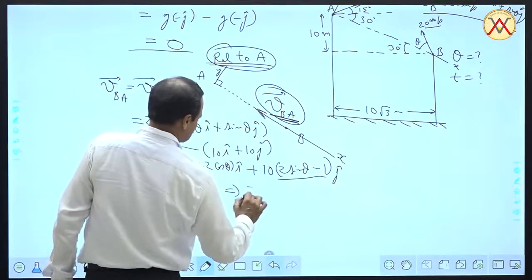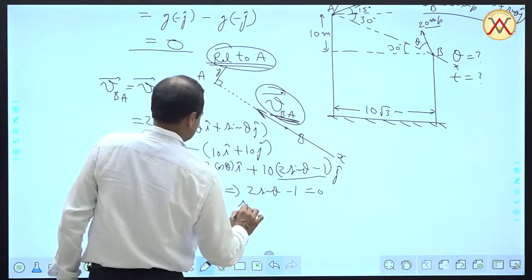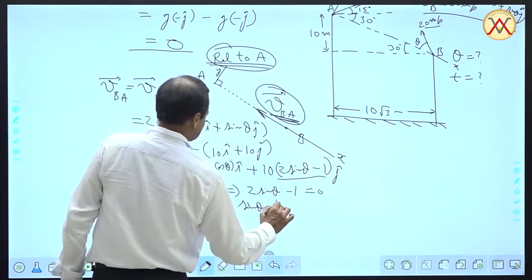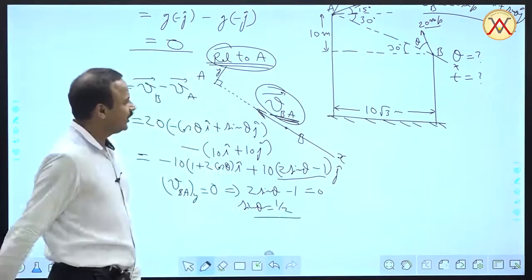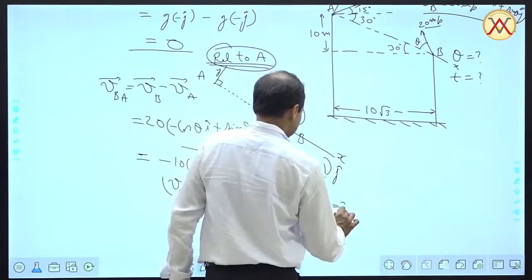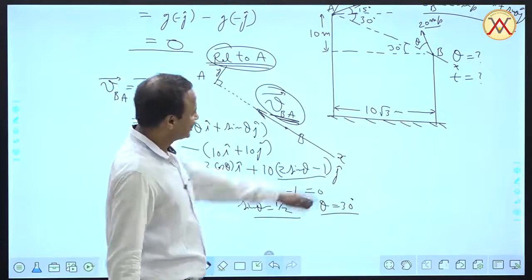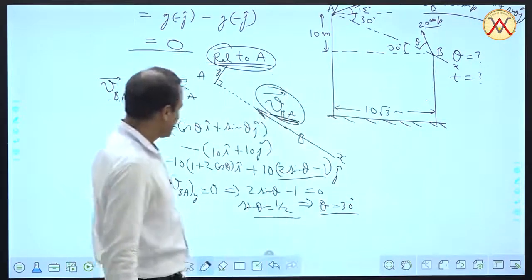So 2 sin theta minus 1 equals 0, giving us sin theta equal to half, or theta is 30 degrees. Angle theta is 30 degrees. All right, so that is one part of the problem done.